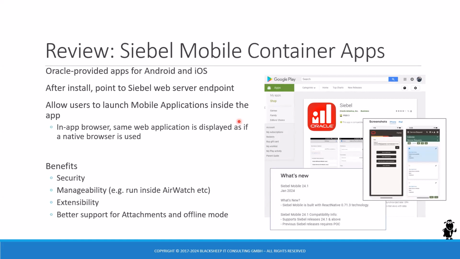That container app, though, is nothing that's required to run Siebel on a phone. You can just open the browser on your phone, navigate to the Siebel URL, log in, and whatever the browser can do with whatever it gets delivered will be seen on the phone. However, the container app makes that deployment easier.